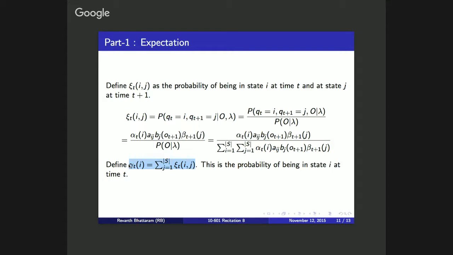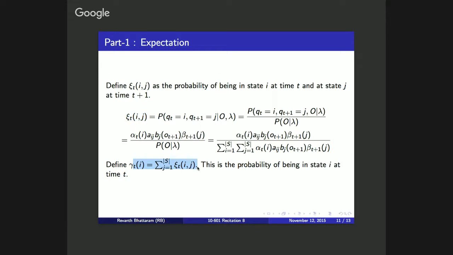So does this definition of gamma make sense? Cool. Right. So this is the expectation part, where we have a model. We notice that we're not recomputing any of the A parameters or the B parameters or the pi parameters. We have a model, and we're trying to compute the probability of observing our data.